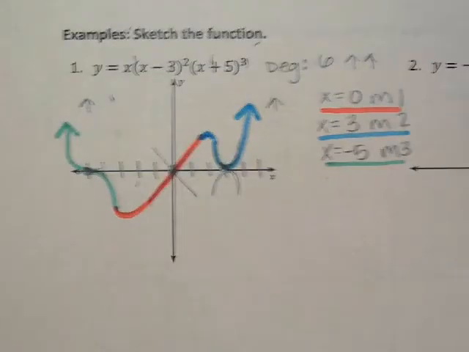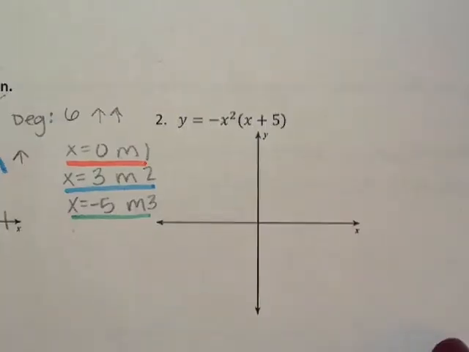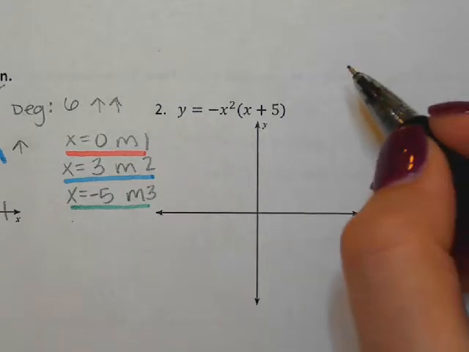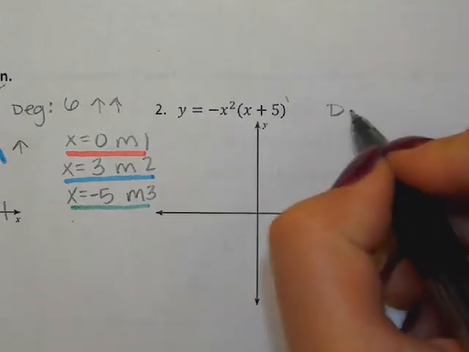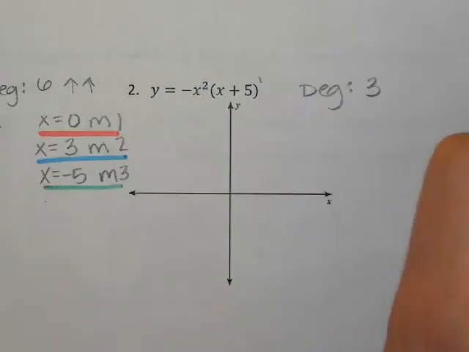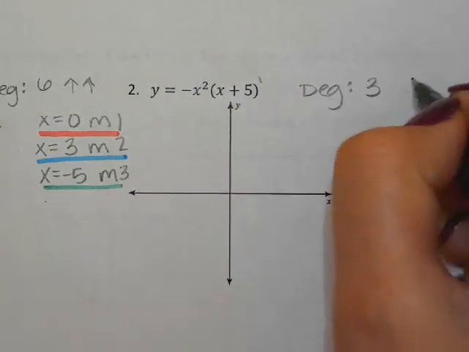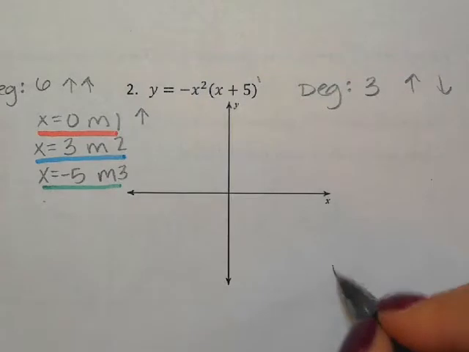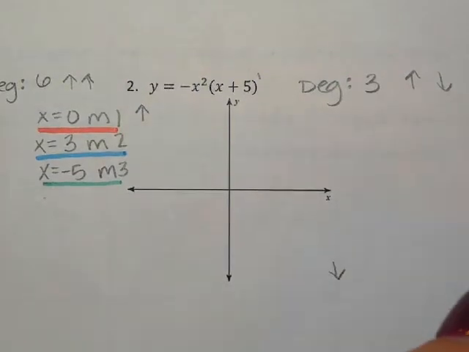Let's try another one. So for this one, what exponent should I put on the parentheses? 1. So this has a degree of 3. 2 plus 1 is 3. We have a negative in the front. So on the front of your notes, you're looking at an odd degree with a negative coefficient. Up, then down. Okay, so I'm going to put up, then down. Okay.